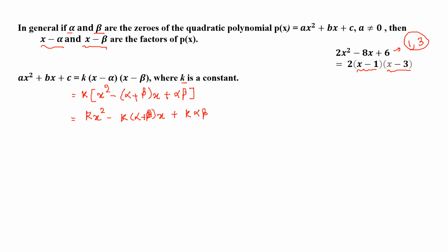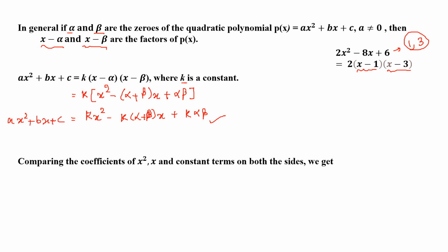Now I am going to compare this with ax square plus bx plus c. I'm going to compare the coefficients on both LHS and RHS. So if I compare it, what will I get? First you see ax square and kx square. So from here I can write a is equal to k, isn't it? Next, the coefficient of x here is b.